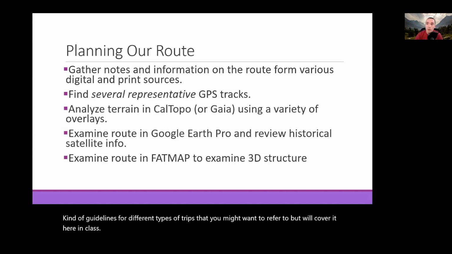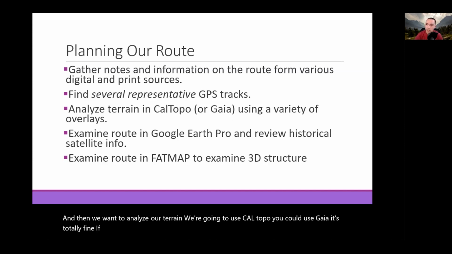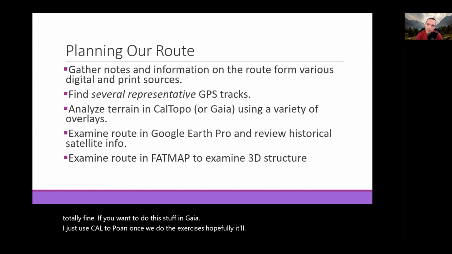And then we want to analyze our terrain. We're going to use Caltopo. You could use Gaia. It's totally fine if you want to do this stuff in Gaia. I just use Caltopo, and once we do the exercises, hopefully it'll make sense why I do things in Caltopo. But in theory, you could do this stuff in Gaia if you wanted to.